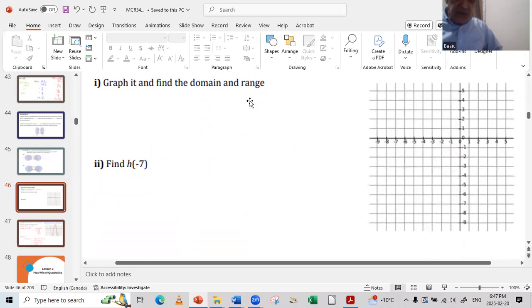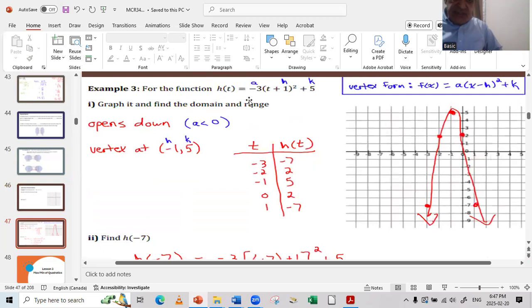As long as A is minus 3, which is less than 0, the curve will be like this figure. It will open downward, and at the same time the vertex will be this point, minus 1 and 5.